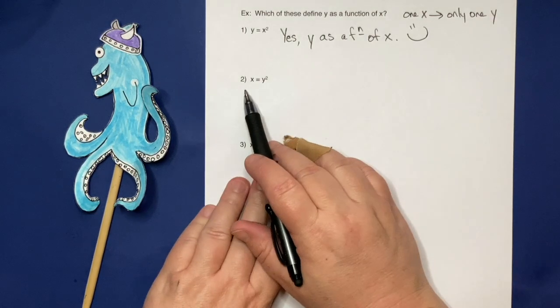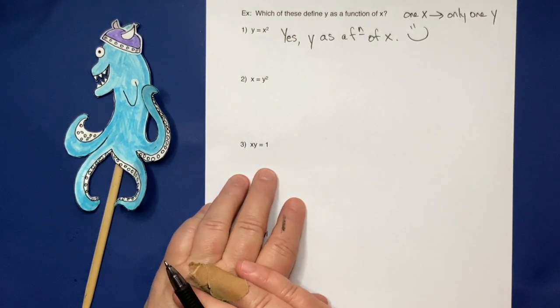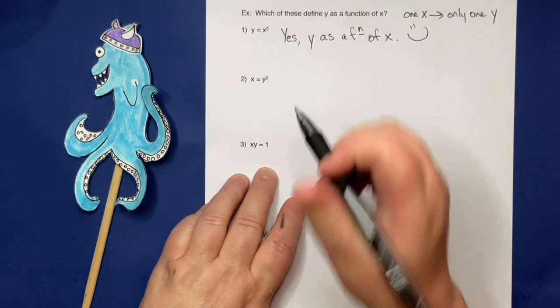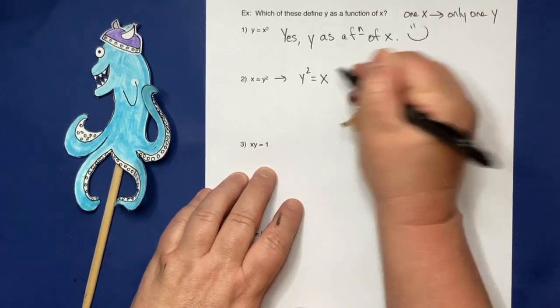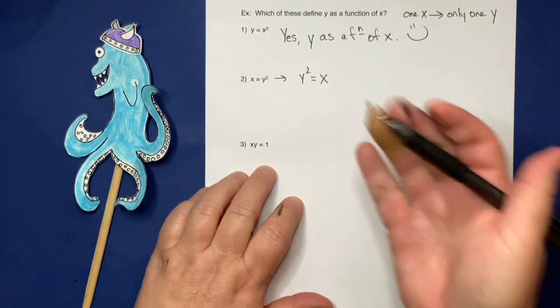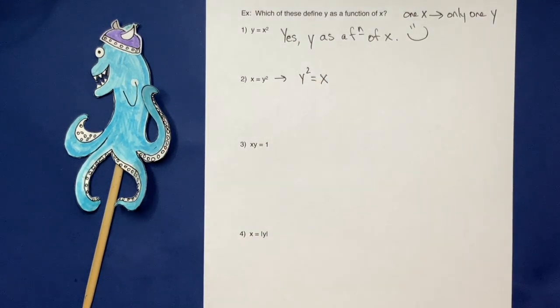Now what if we switch it up? What if we say x equals y squared? And this is kind of weird because you're not expecting to see it. So what you may want to do is you may want to say y squared equals x. Okay, so what if I pick x? My x is 4. So what is y? And the answer is, whoa, wait a minute. We've got 2 options for y. Y could be 2, or y could be negative 2.